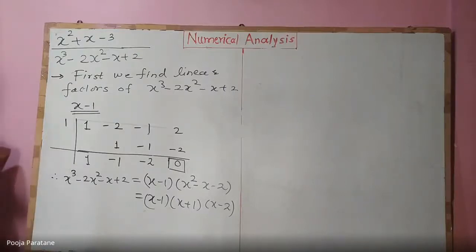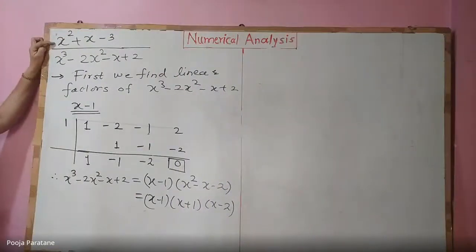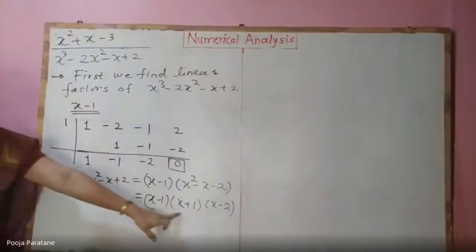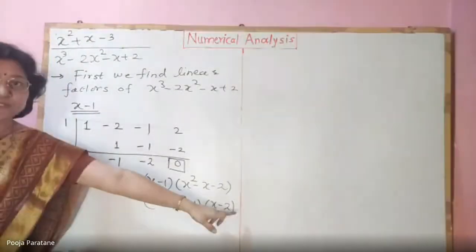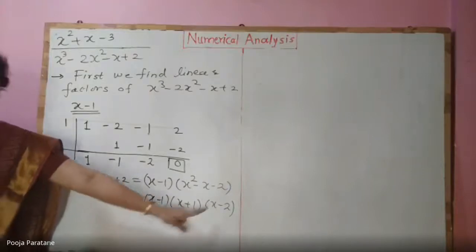To use Lagrange's interpolation formula, we need the data. Values of x0, x1, x2 and the corresponding values of y. So for this we will consider this function as y, and the values of x are the values at which the denominator equals 0, meaning x equal to 1 is one value, x equal to minus 1 and x equal to 2.